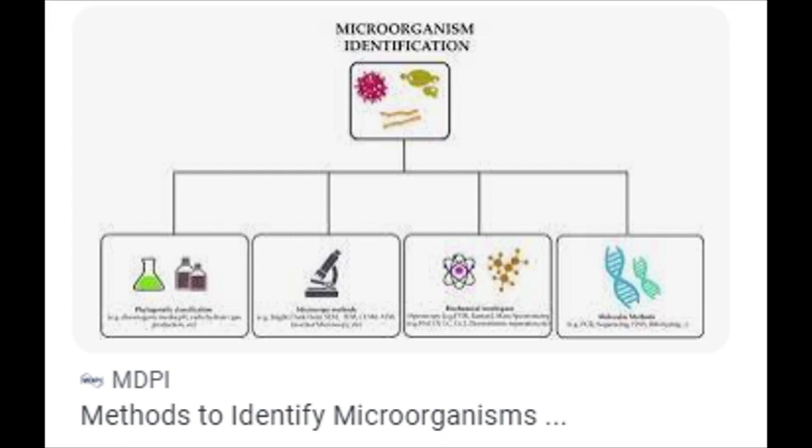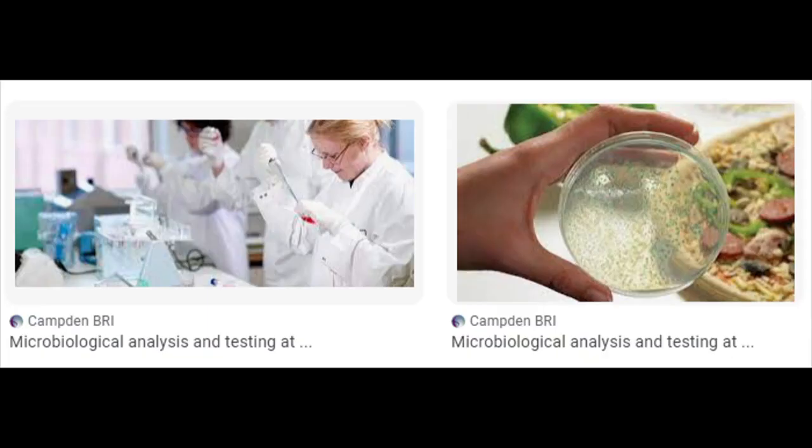So several laboratory methods are available to assess the microbiological status of different types of food. And the methods are many. Let me just say, before we go on, that in examining the microbiological status of a food, there are certain principles that you need to take note of.